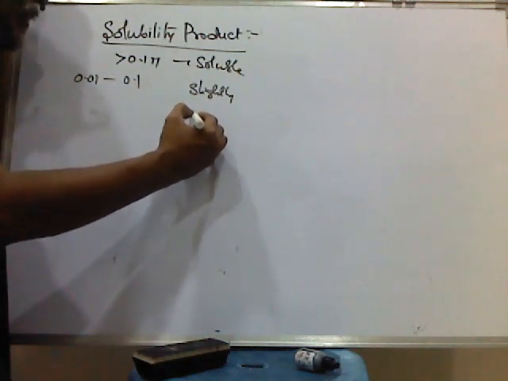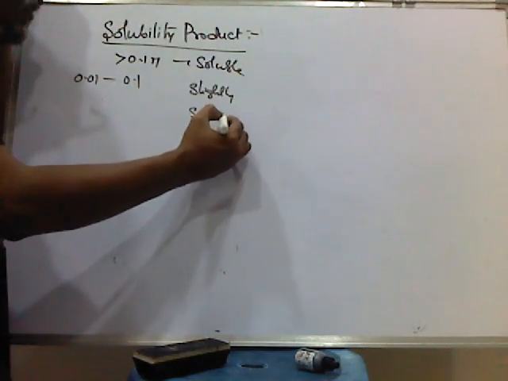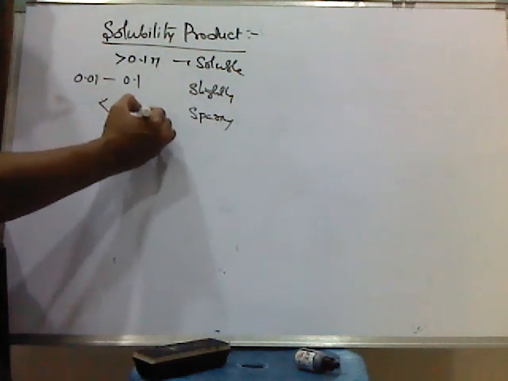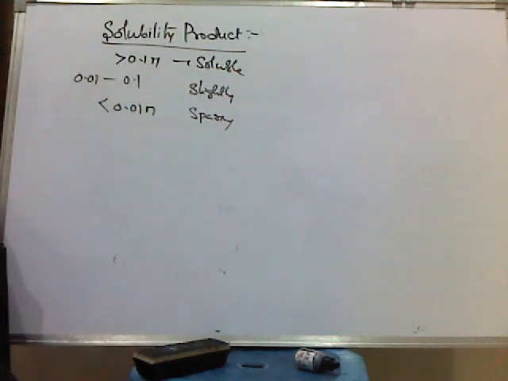They are called sparingly soluble if their solubility is less than 0.01 mole. And the solubility product is related to the sparingly soluble salts.